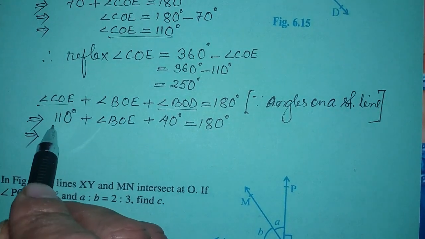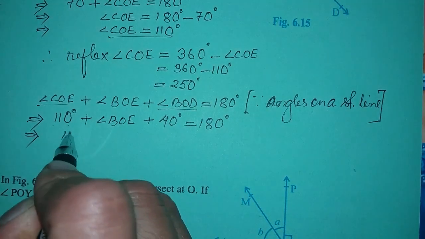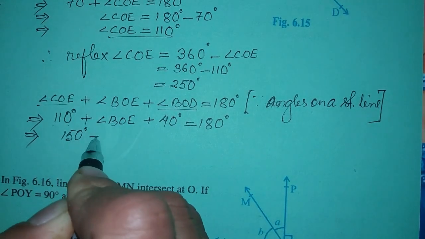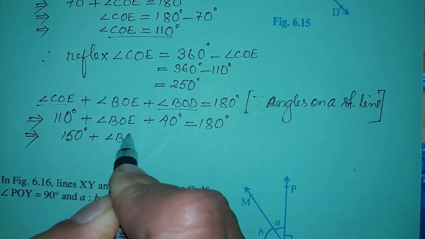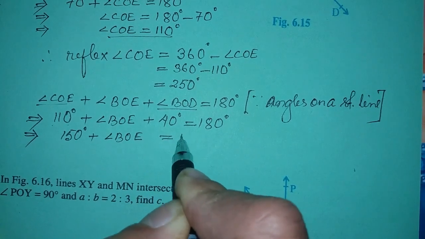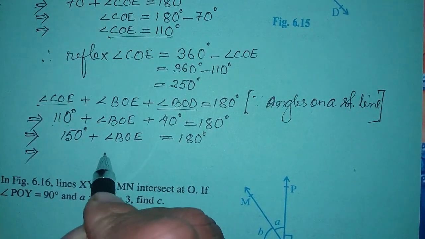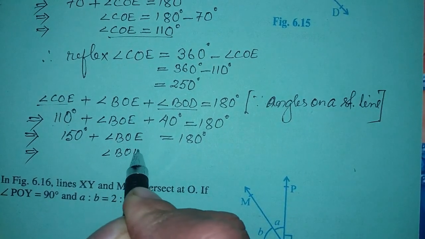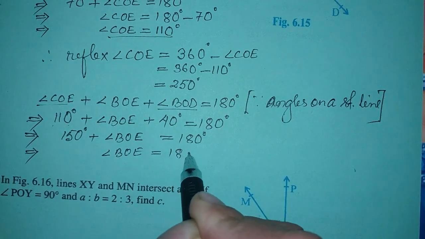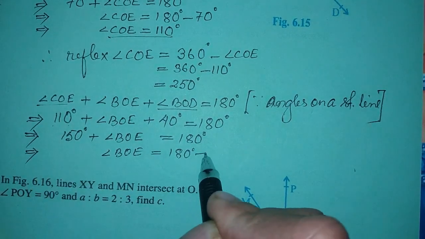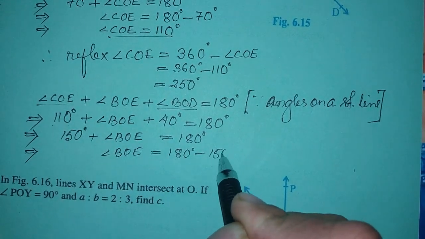Now 110 plus 40 is 150. Angle BOE plus 150 is equal to 180 degree. Now we will transpose 150 to the right hand side, so this plus is now minus 150 degree.